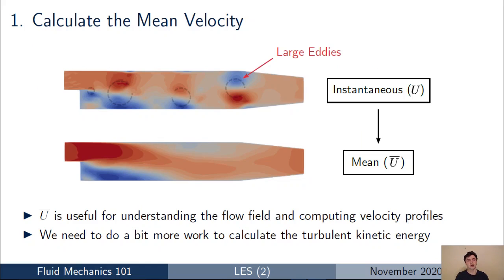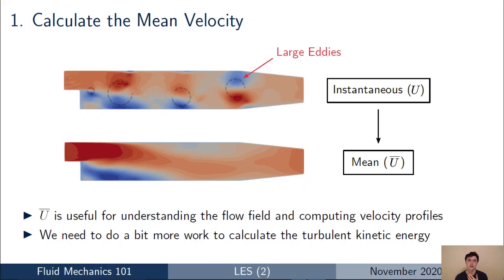And of course, the way to do this is not to average the point probes themselves. What you want to do is to average the entire flow field. And most CFD codes will be able to do this for you with the statistics averaging packages that they contain. And so how this will look is the CFD code is going to compute that instantaneous velocity field, which you can see in the top figure.